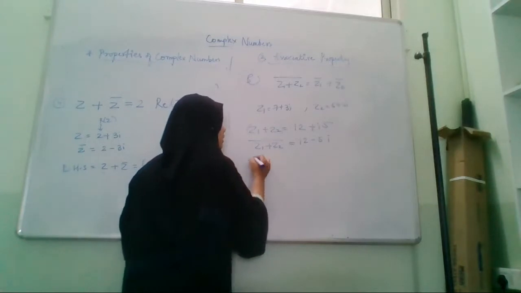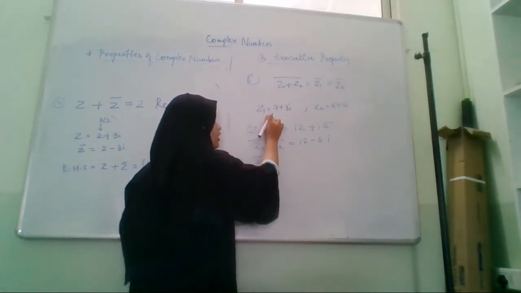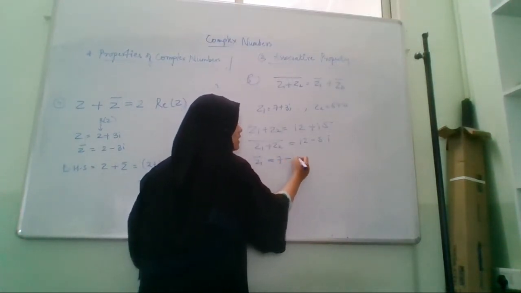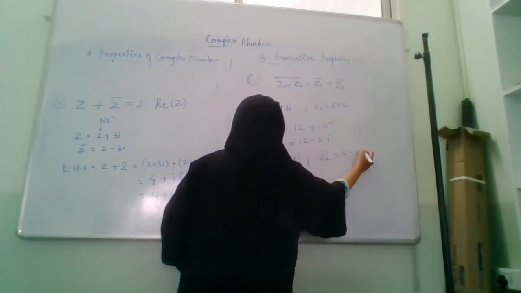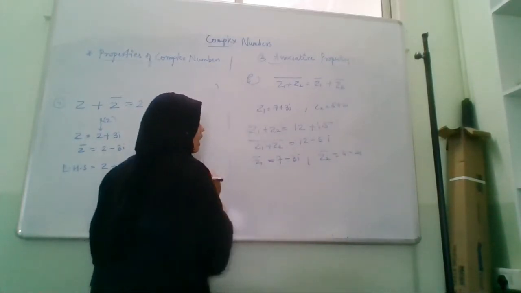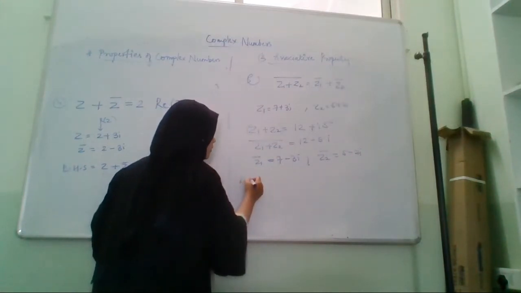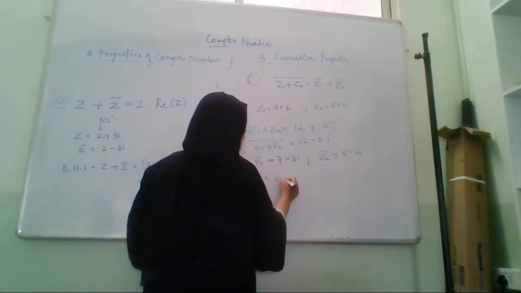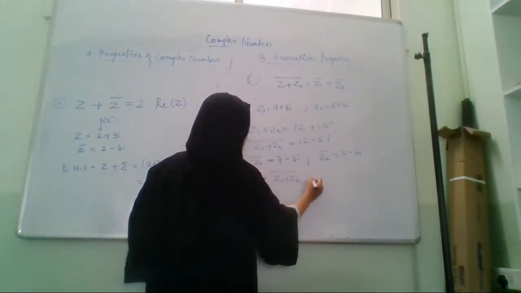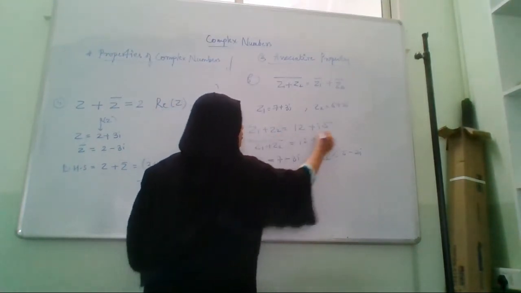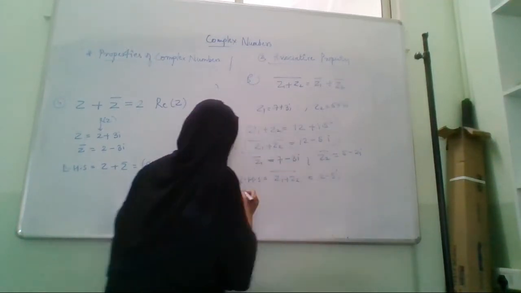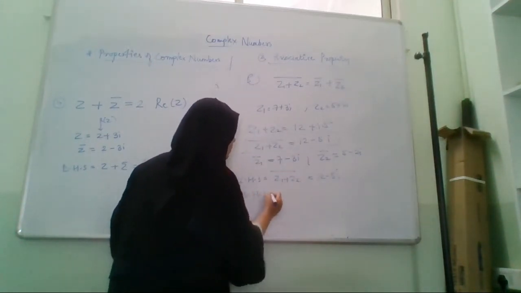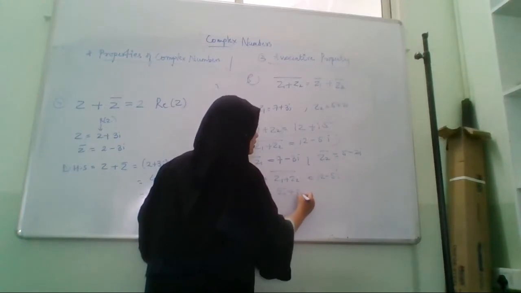So what will be Z1 bar? Z1 is this, so its conjugate is 7 minus 3i. What will be Z2 conjugate? 5 minus 2i. Now consider LHS, which is Z1 plus Z2 whole bar. Just now we have found its value, so this is 12 minus 5i. And what is the RHS? Z1 bar plus Z2 bar.